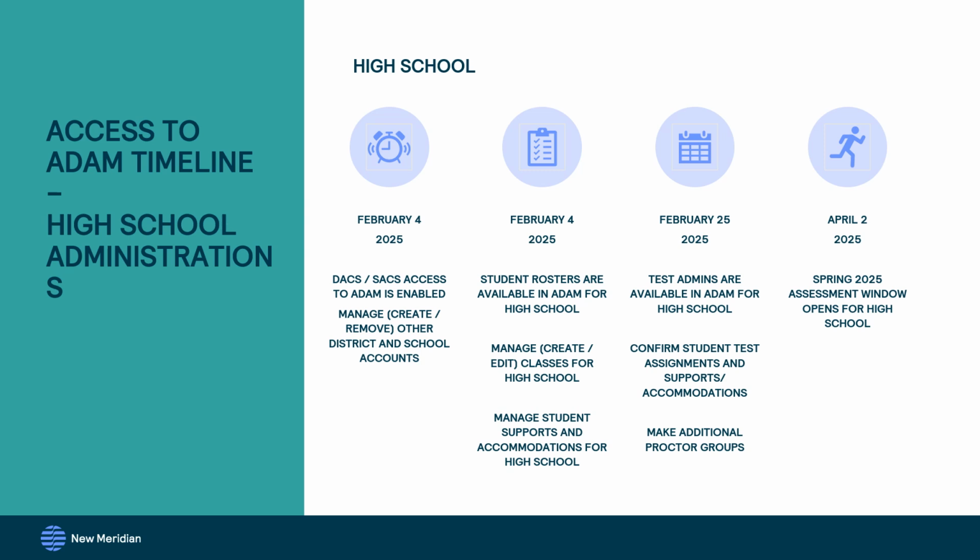Also in early February, rosters will be available in ADAM, but just for high school, and coordinators will be able to manage classes for high school as well as manage student supports and accommodations for high school students. In late February, test administrations will be available in ADAM for high school, and at this time, coordinators will be able to confirm test assignments and student supports and accommodations at the session level and make additional proctor groups. The assessment window opens for high school on April 2nd.